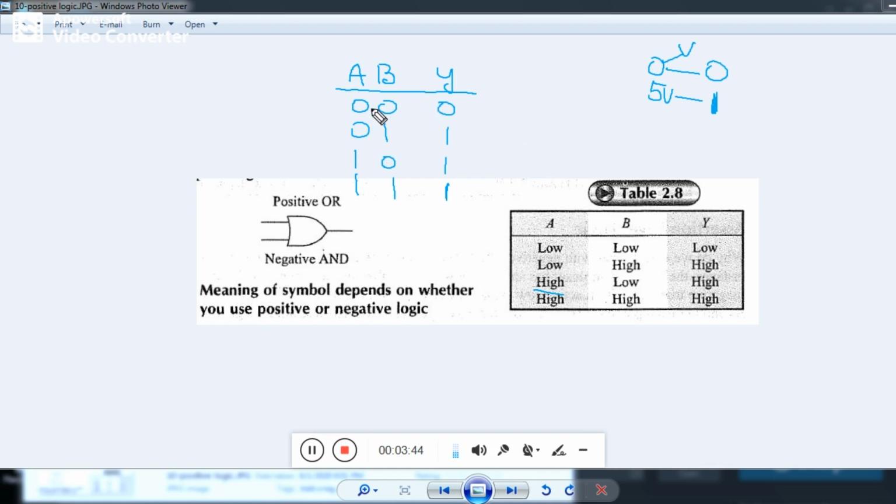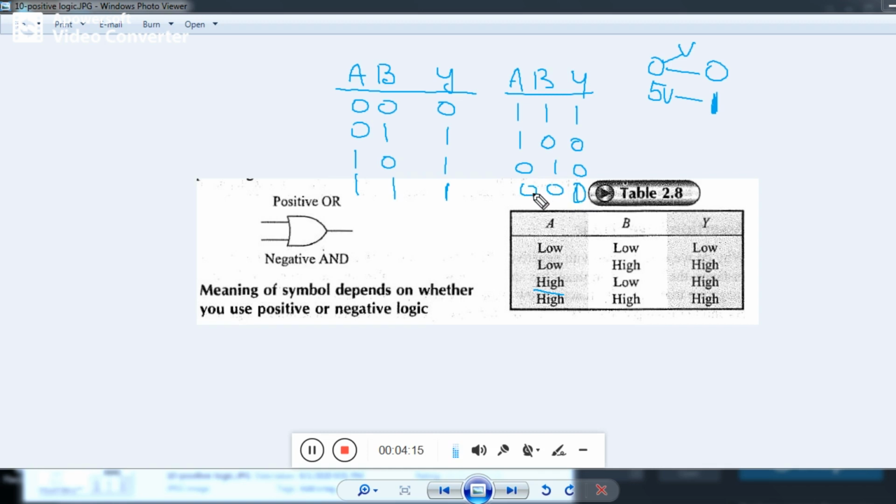For example, the same truth table with A, B and Y. Now here 0 0 is there. Instead of 0, I will put 1 and 1, and 1. Then this 0 becomes a 1, and this 1 becomes a 0. Then here 0 1 0. Then here 0 0 1. Sorry, the last one is a 0.